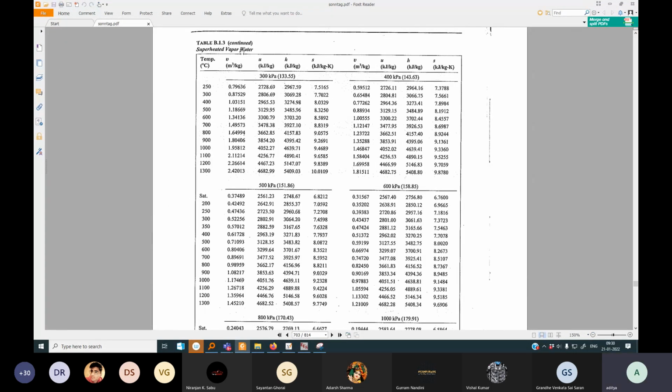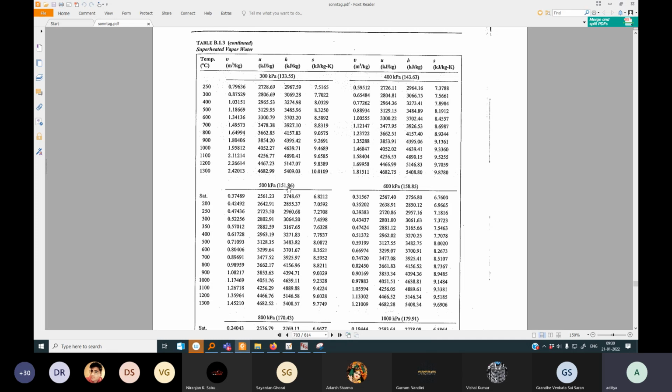You have superheated water vapor 500 kilopascal. In the bracket it says 151.86. So 151.86 is the saturation temperature which corresponds to a pressure of 500 kilopascal. Obviously the temperature presently is much higher than the saturation temperature.